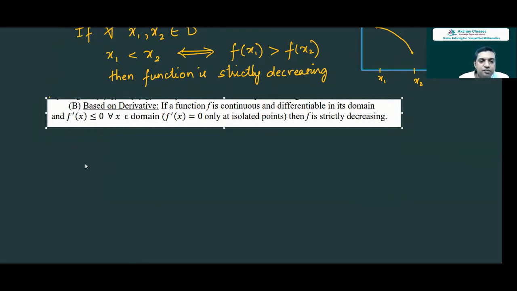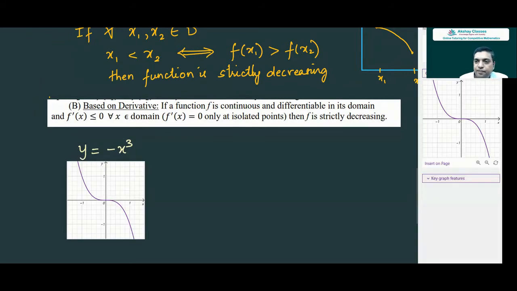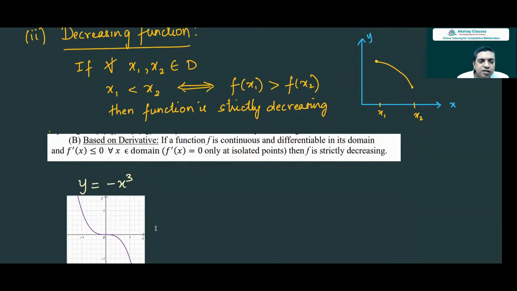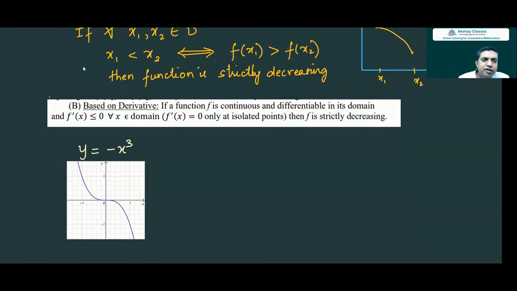So just take minus x cube, the graph changes. This is the graph. So it's a strictly decreasing function. At any given point, you see the tangent will have a negative inclination throughout.